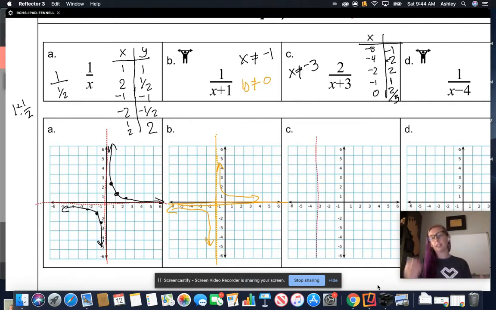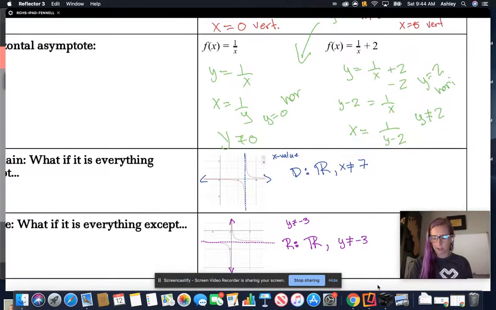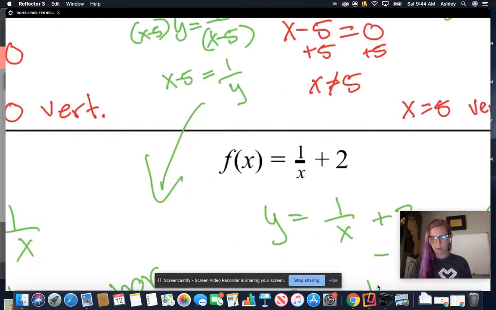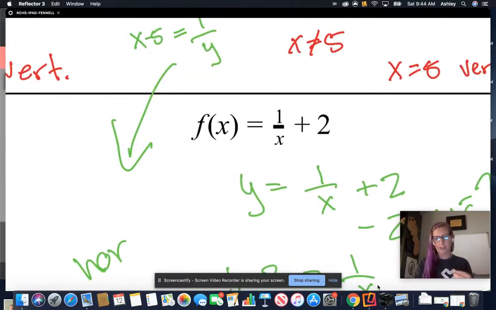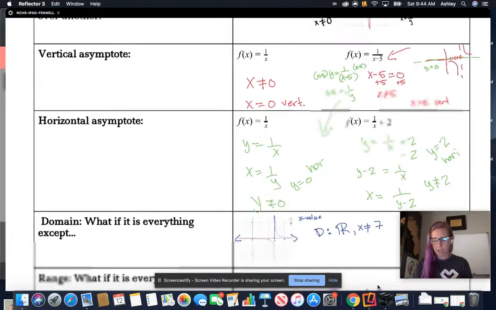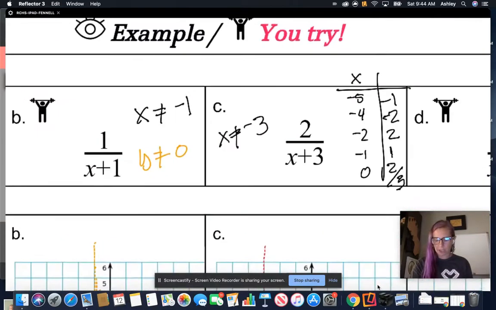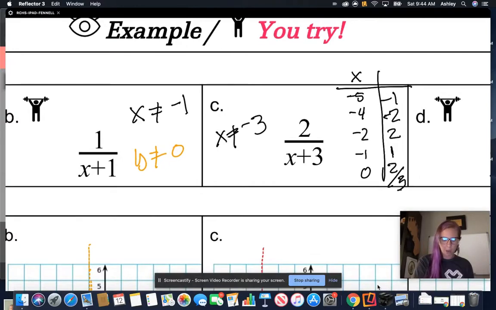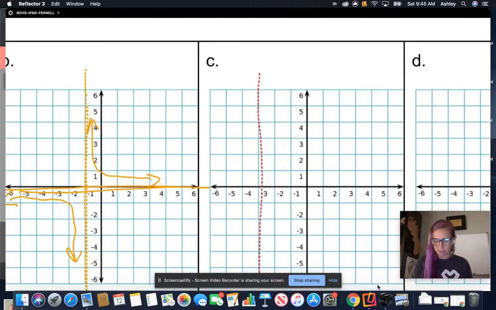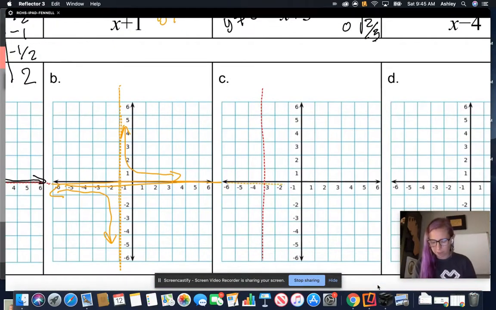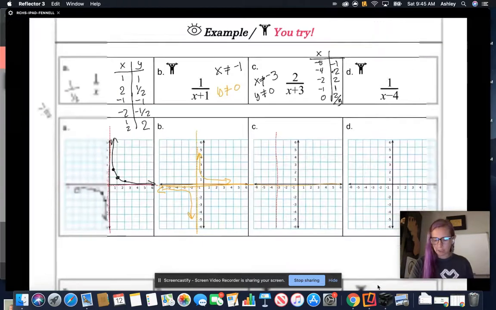And then again, because this is a fraction without any additional values outside, unlike this example here, which has a fraction and a constant that we're adding to it, that'll change things. But because we just have a fraction and no constants added, we know that y cannot equal 0. So we also have a horizontal asymptote at y equals 0 because you can't touch that. It is undefined there.